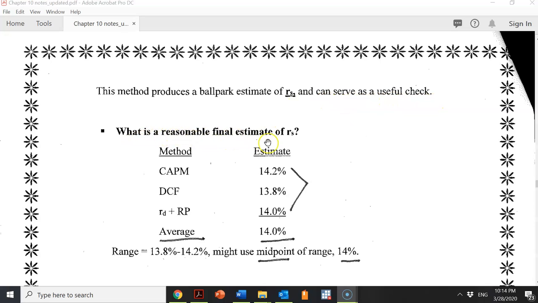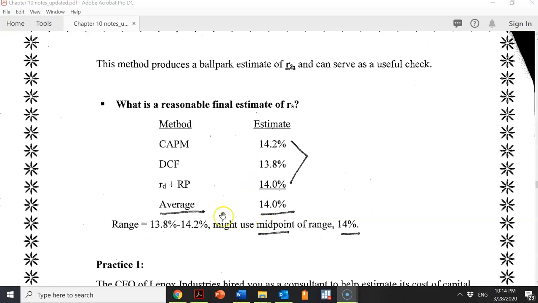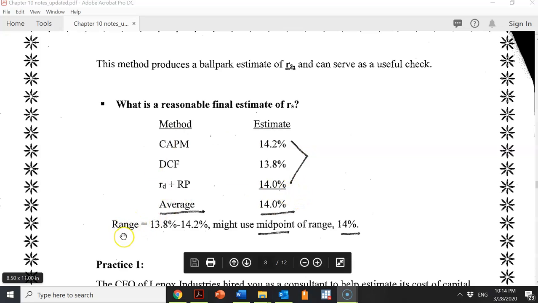What is a reasonable final estimate of RS when we have three methods with three different estimates: 14.2, 13.8, and 14? We can take the average, so 14% is the average of the cost of common equity among the three methods. We can also see that the range is from 13.8 to 14.2, and the median, or the midpoint of the range, is also 14%.